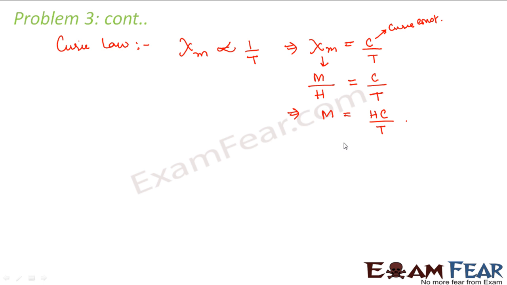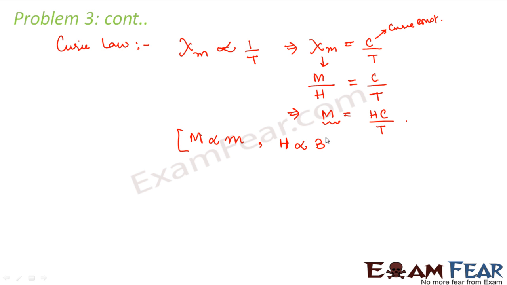Right? Now we also know that this M is nothing but magnetization. So magnetization is actually dependent on the magnetic moment. Whenever a magnetic moment gets induced, whenever there is a net magnetic moment, the substance is magnetized. Whenever the net magnetic moment is zero, the substance is demagnetized, right? So this magnetization depends on magnetic moment, and also this H, that is magnetic intensity, is dependent on magnetic field, right?